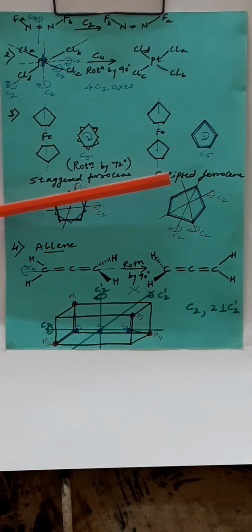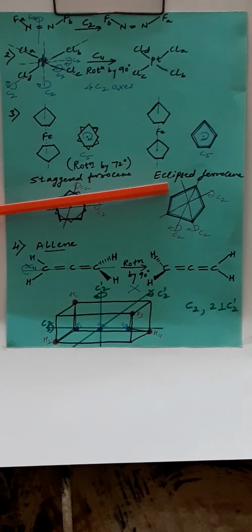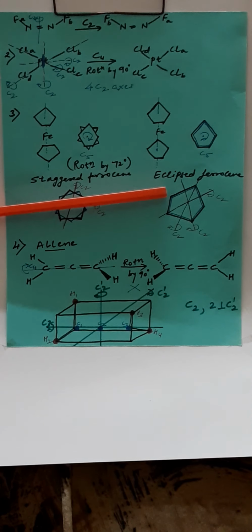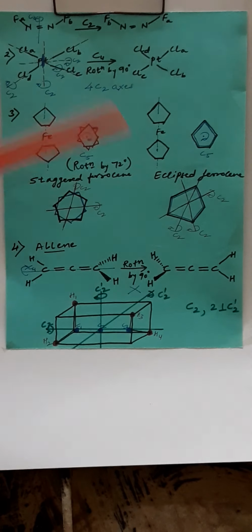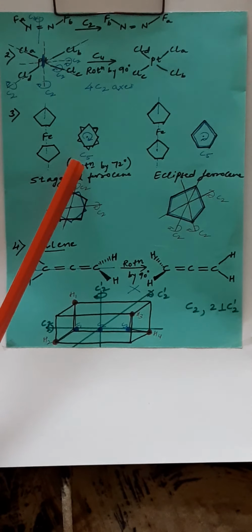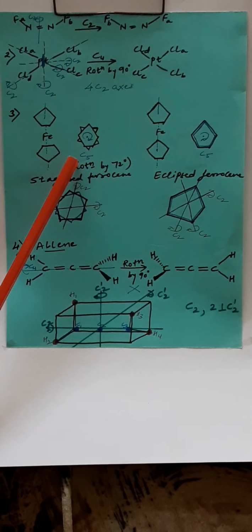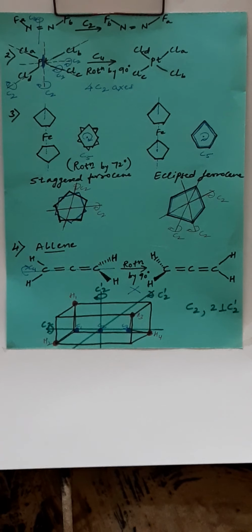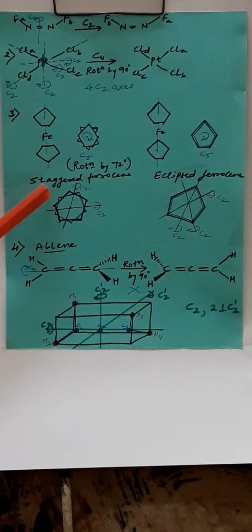If I am taking this molecule divided into equal halves, I can find that when I rotate through this axis by 180 degrees, I am getting the same configuration back. Similarly, if I am taking this C2 axis and rotating the molecule by 180 degrees, I will be getting the same configuration back. In this way, there are 5 different positions through which I can pass this C2 axis. So in total, staggered ferrocene has 5 C2 axes of rotation.